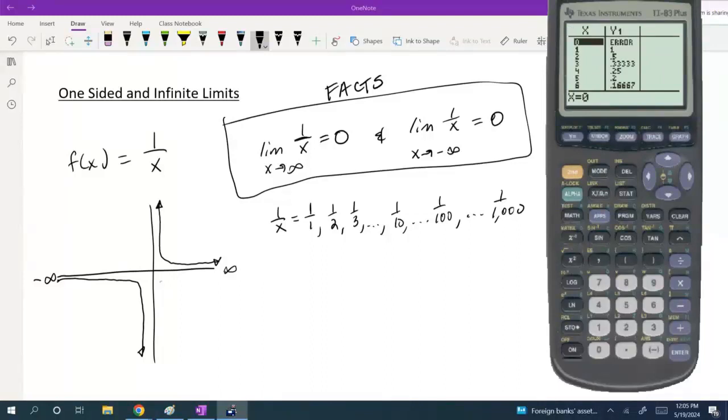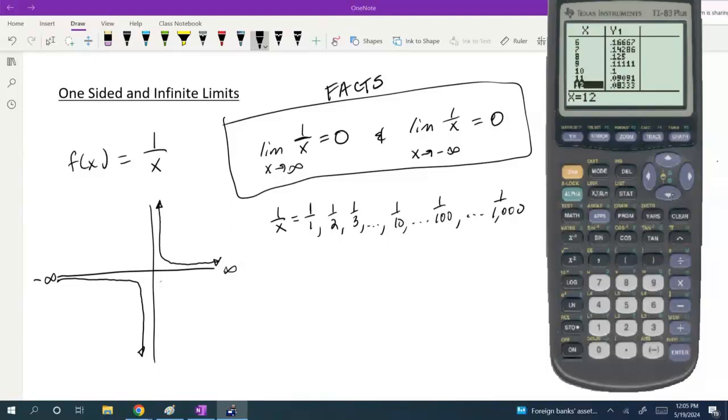so this is what we're going to notice. When x is equal to 0, there is no value. As we put in bigger and bigger numbers for x, so 1 over 1 is 1, 1 over 2 is a half, 1 over 3 is a third, so on and so forth.